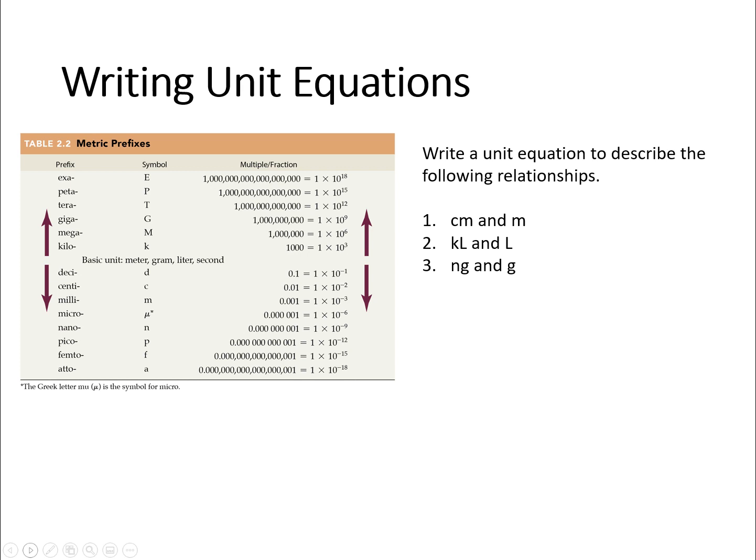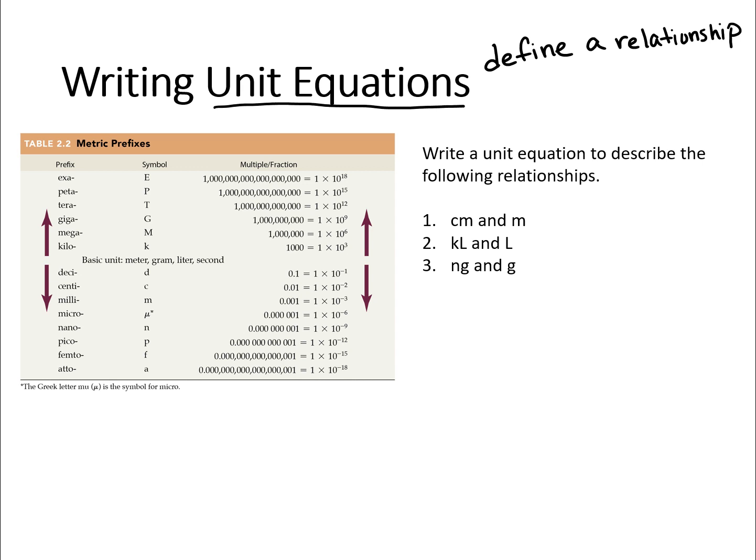We need to read this because we have to be able to write what's called unit equations. Remember that unit equations just define a relationship. So we're not really doing any kind of math per se. We're just saying if I have 1 kilometer, it's the same thing as saying I have 1,000 meters.